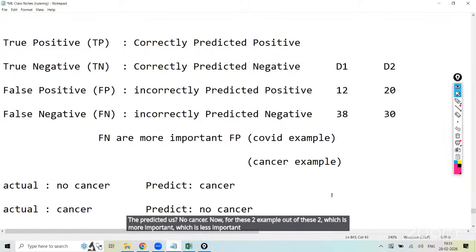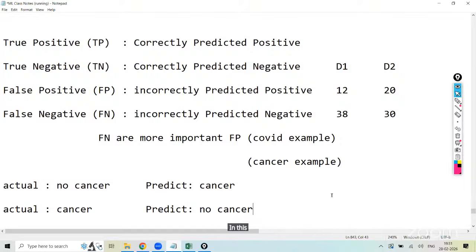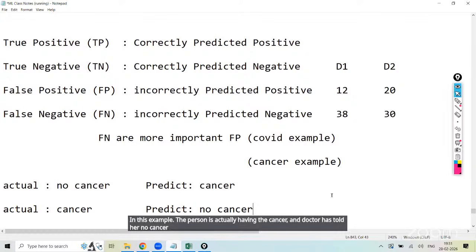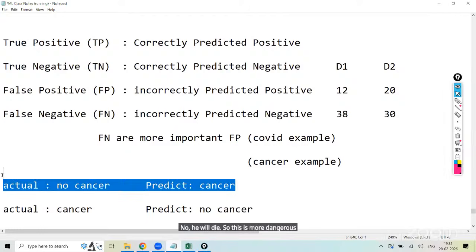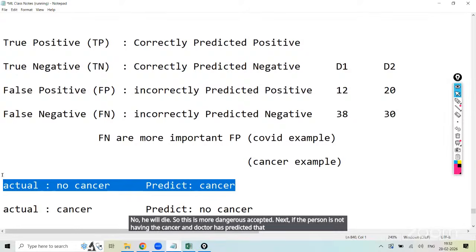In this example, the person is actually having cancer and the doctor has told that no cancer. Is that okay? No, he will die. So this is more dangerous, accepted. Next, if the person is not having cancer and the doctor has predicted that you are having cancer, and gives chemotherapy, is that okay? That is also not okay.